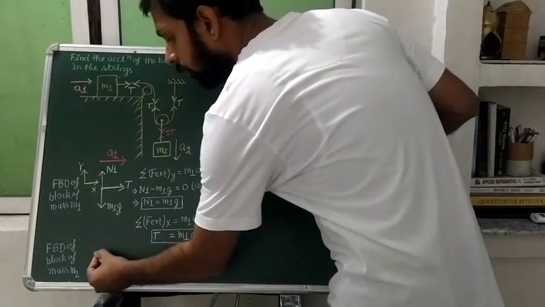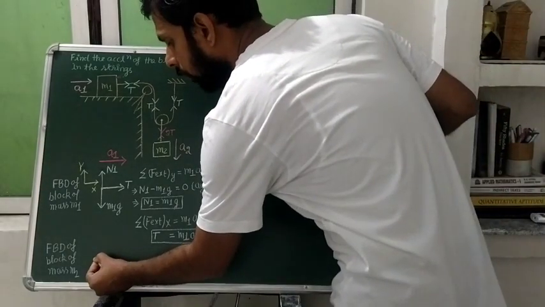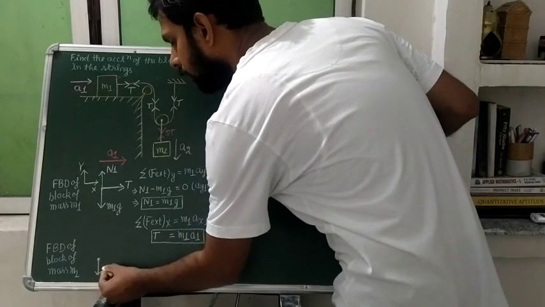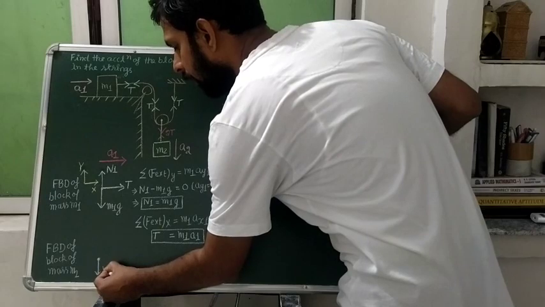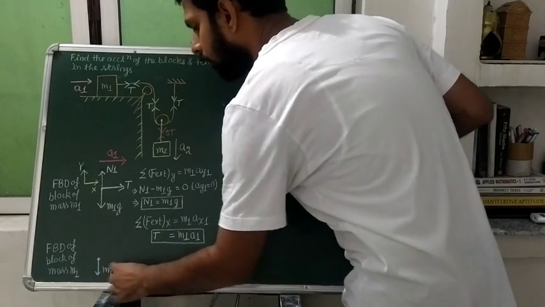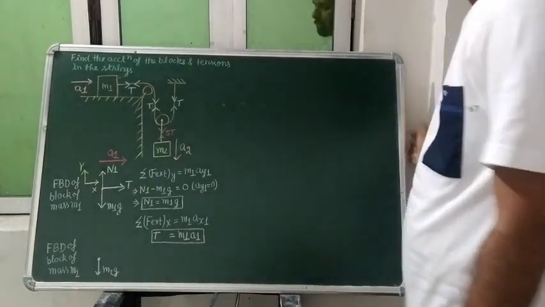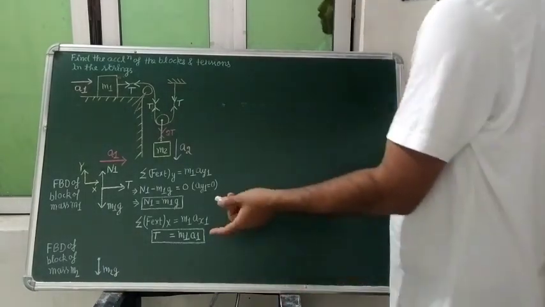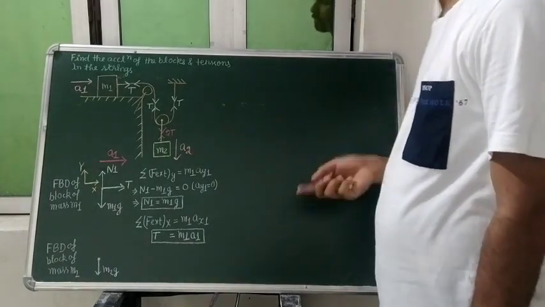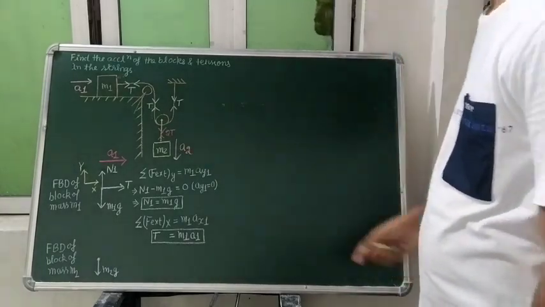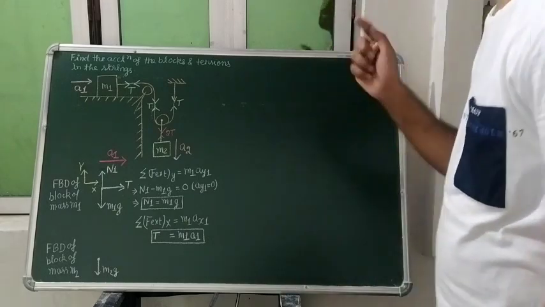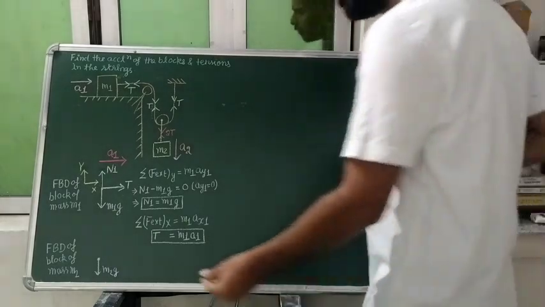So basically, students, for the block of mass m2, the force due to gravity, m2 g, is acting on the downside. No normal force will act on it since no contact is present here. So since no contact is present, no normal reaction is going to act on it.